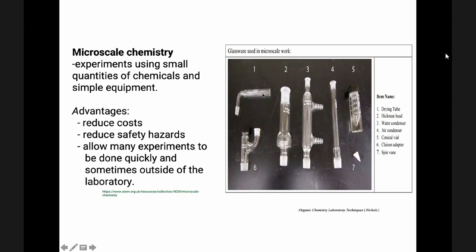Number 2, this one is the Hickman head. Number 3, this is the water condenser you're familiar with already sa distilling apparatus. Number 4 is the air condenser. Number 5 is the conical vial. This is also graduated. Next, number 6 is the Claisen adapter, and 7, spin vane, or could also be stirring bar.